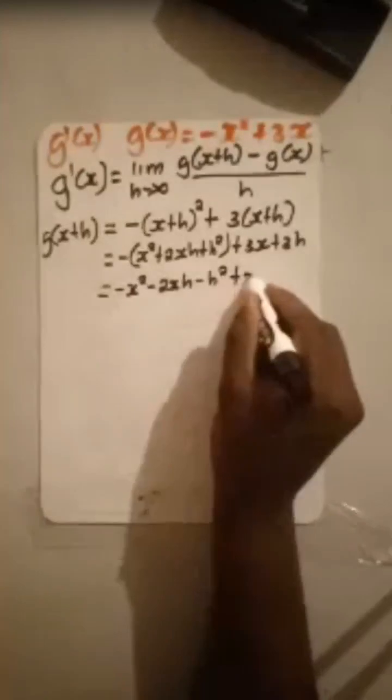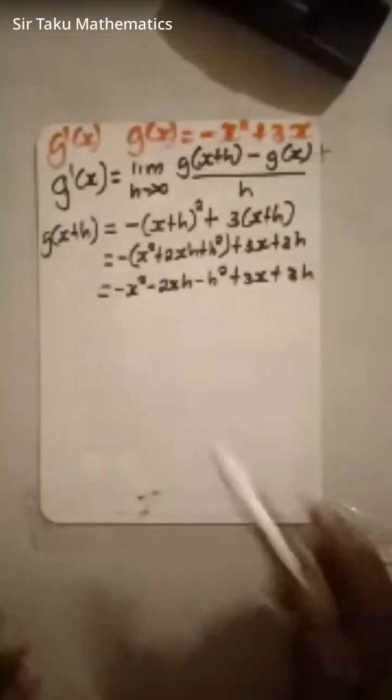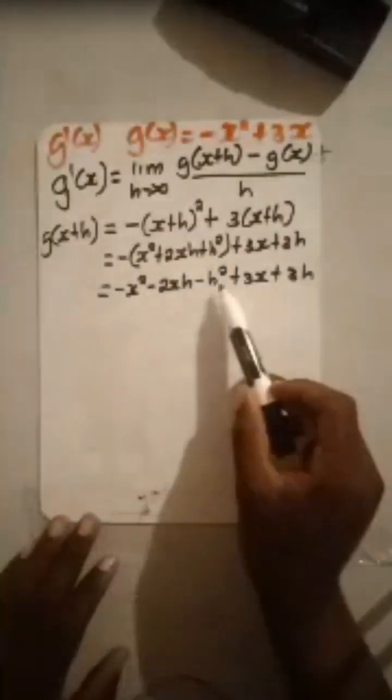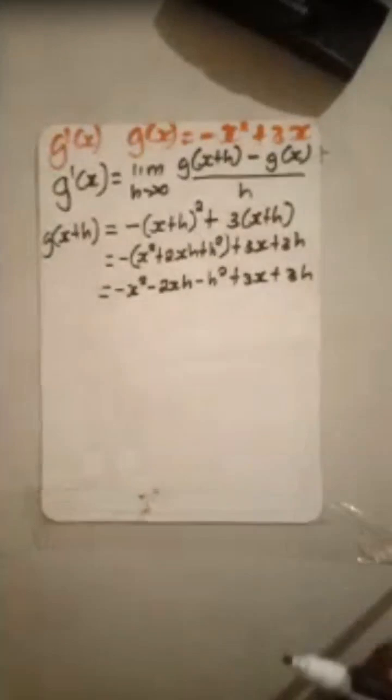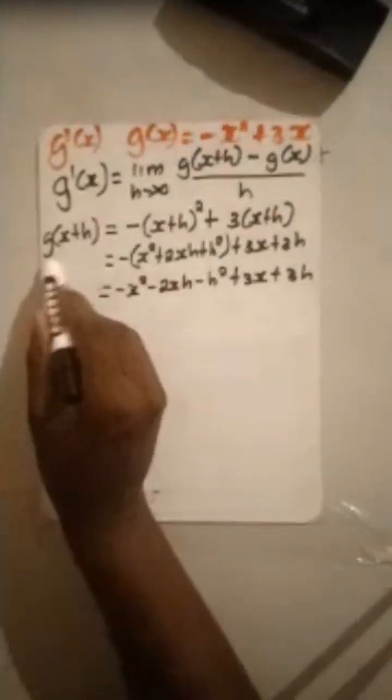Plus 3x plus 3h. Don't forget that. So here, look there, do we have any like terms? We don't have any like terms. So there's nothing that we can actually simplify further. So now this is g of x plus h.